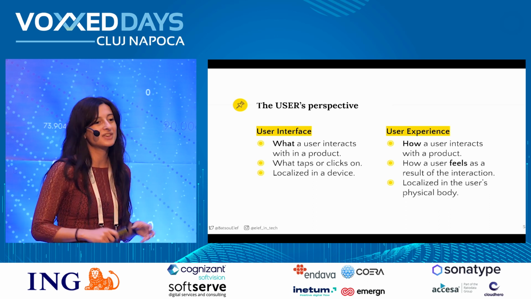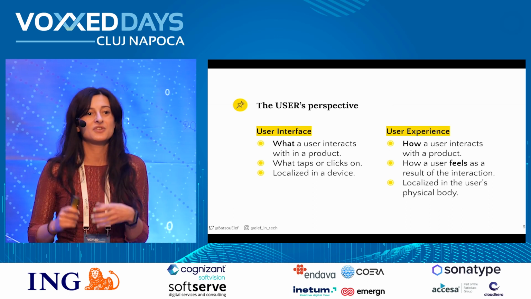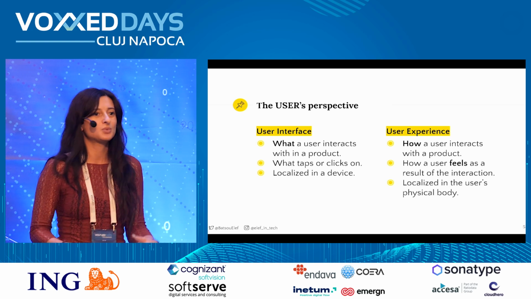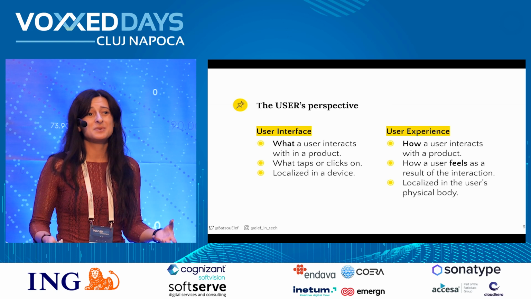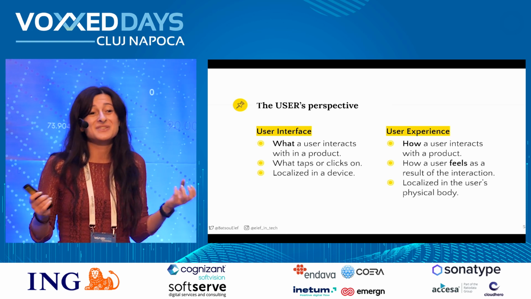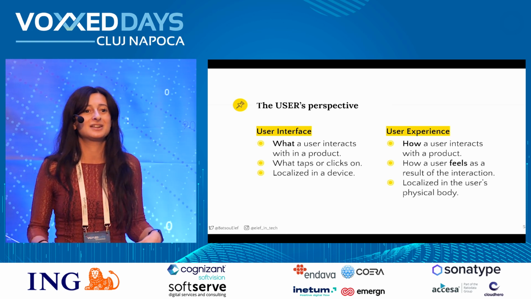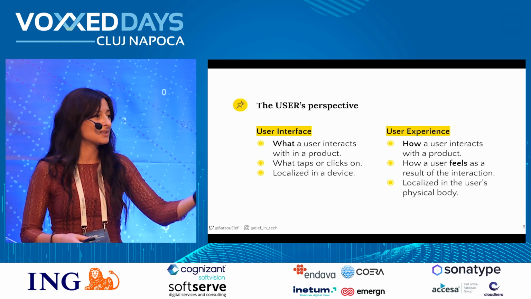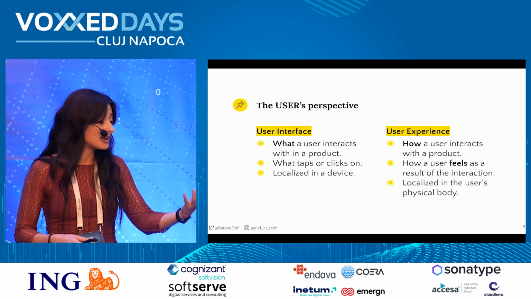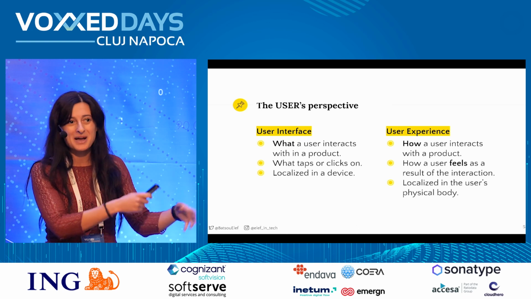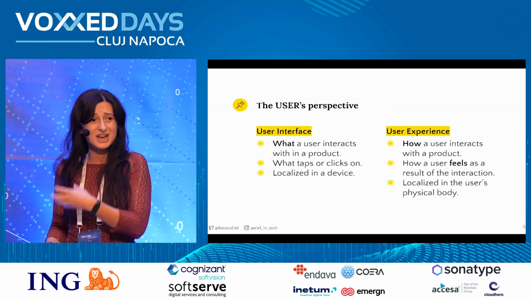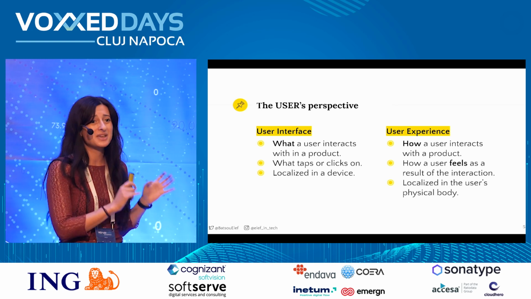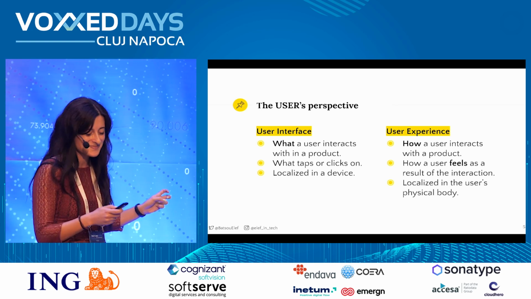On the other hand, the user experience is what the user feels when they interact with our product. Are they happy? Are they frustrated? And the whole experience can be visible from their physical body. Like if we see a user holding a phone, if he's happy, then we probably know that the app has something nice or it works nicely. But if they are frustrated, we can understand that something bad is happening.